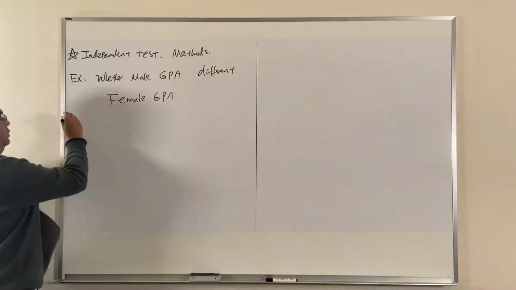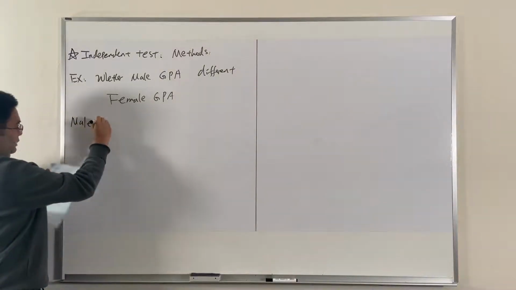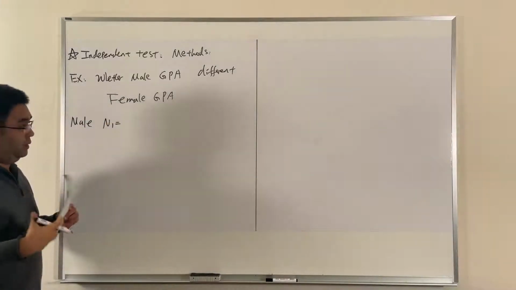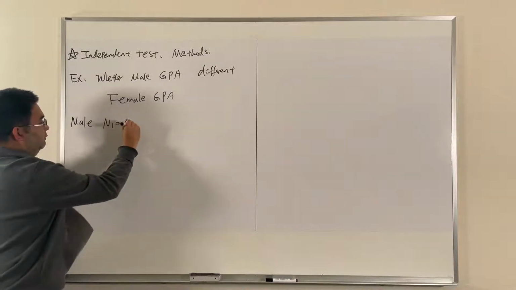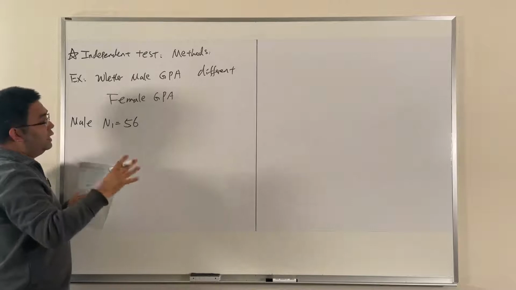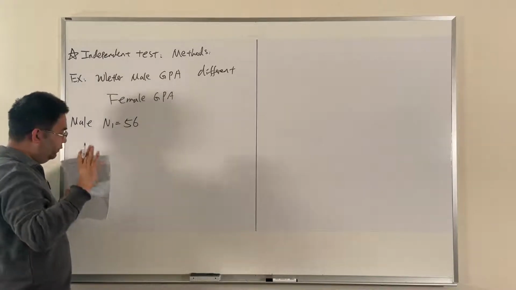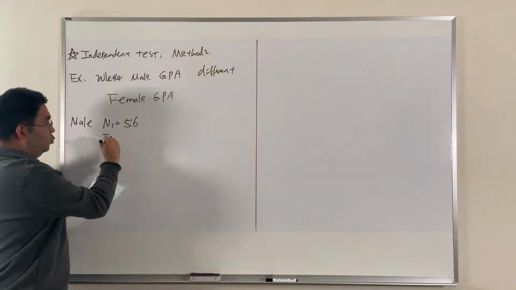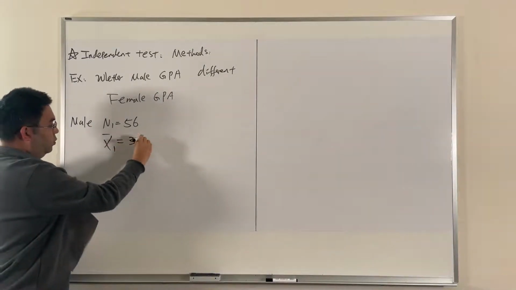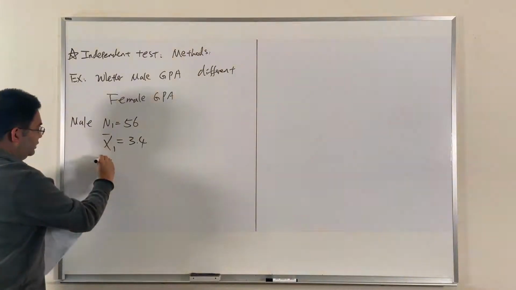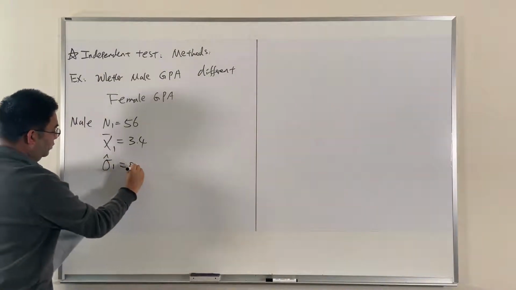To do this, we collected N1, right? N1 means the sample size for male. So N1 is 56, not average, but how many of them, right? So 56 males in the sample, and then their average, x1 bar equals 3.4, and their sample estimated standard deviation, sigma 1 hat, equals 0.8.